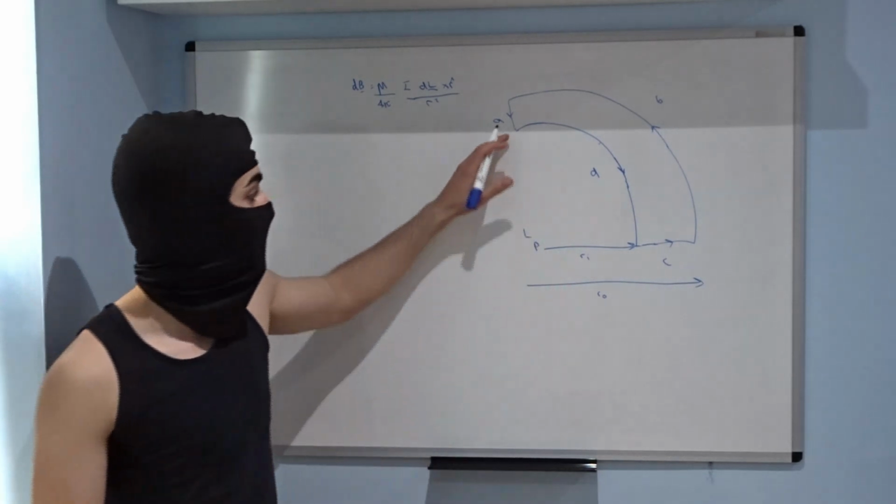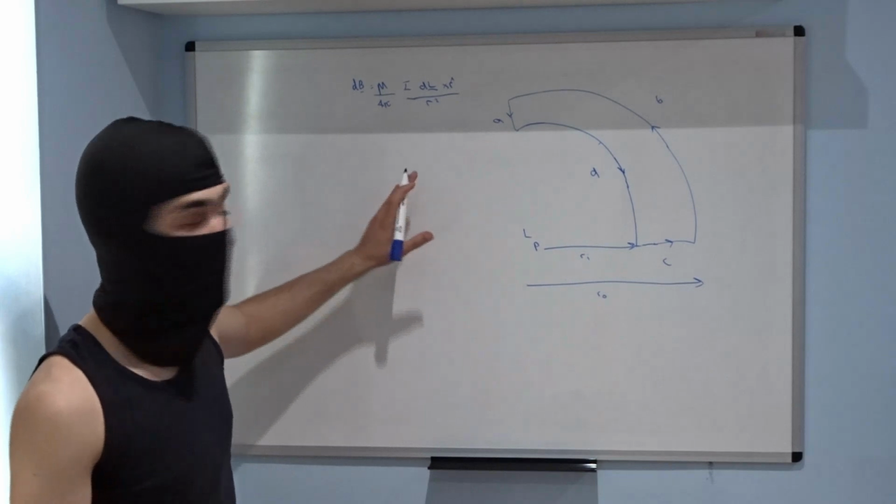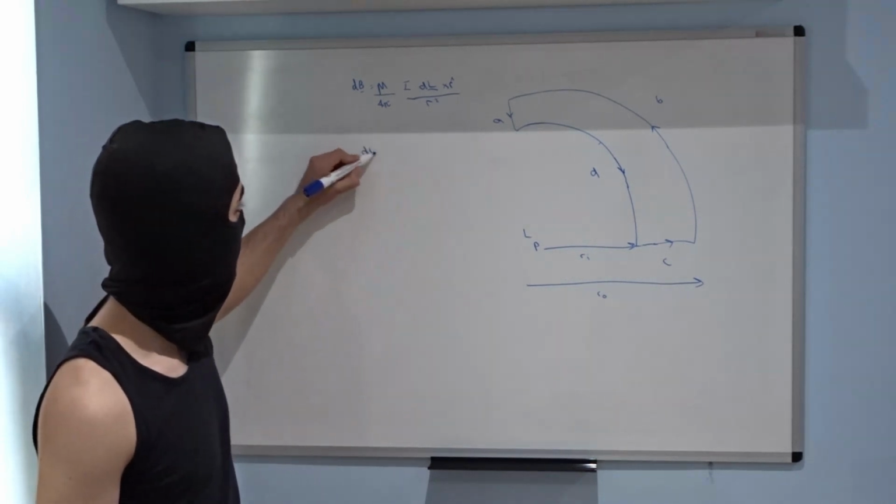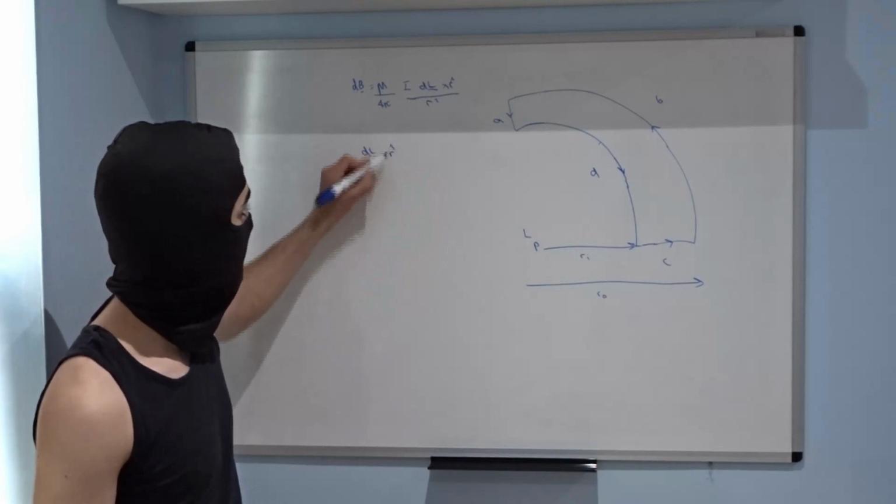So let's start with A and C. Before I approach any of these, let's find out the direction. It's going to make things easier. dl times r hat.